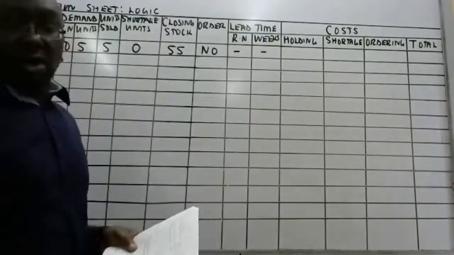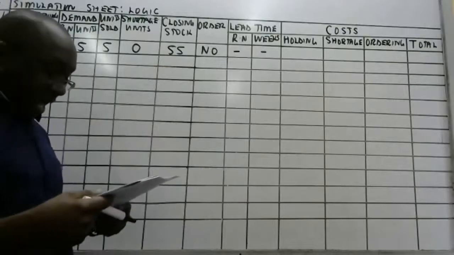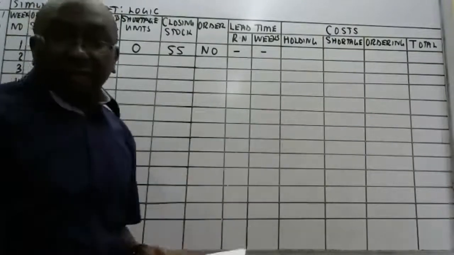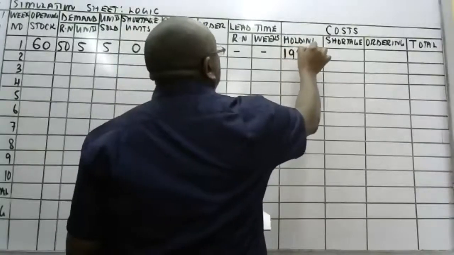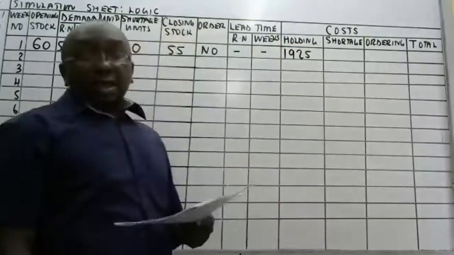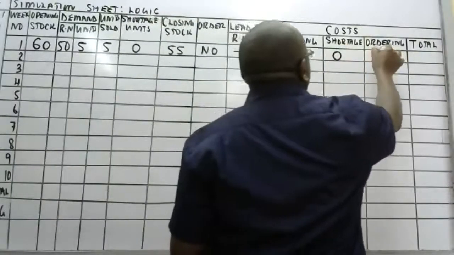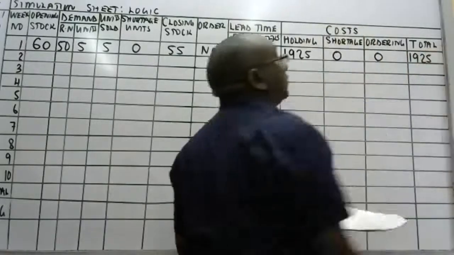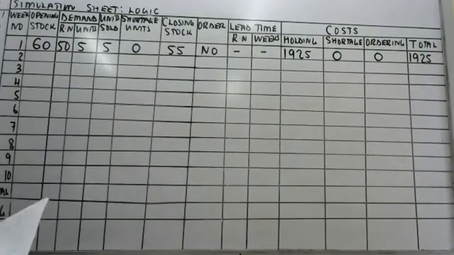So the holding cost will be this 55 times the holding cost given in information 2, 35. So multiply this by 35, I get 1925. And there is no shortage, no ordering cost. So the total is 1925.